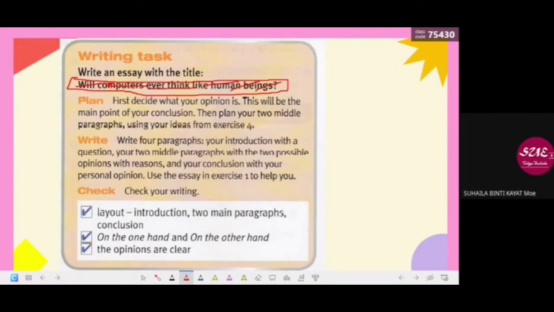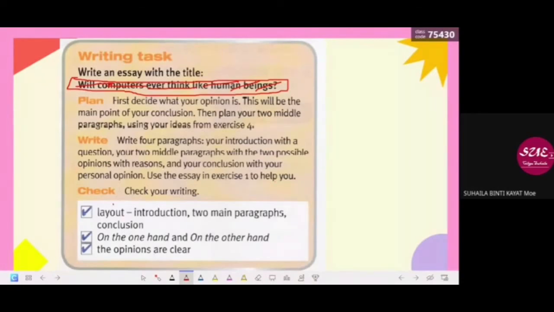And then, write 4 paragraphs. Your introduction with a question. Okay, can you see? Sebab itulah tadi dia tanya soalan. Your 2 middle paragraphs with 2 possible opinions with reasons. And your conclusion with your personal opinion. Use the essay in exercise 1 to help you.